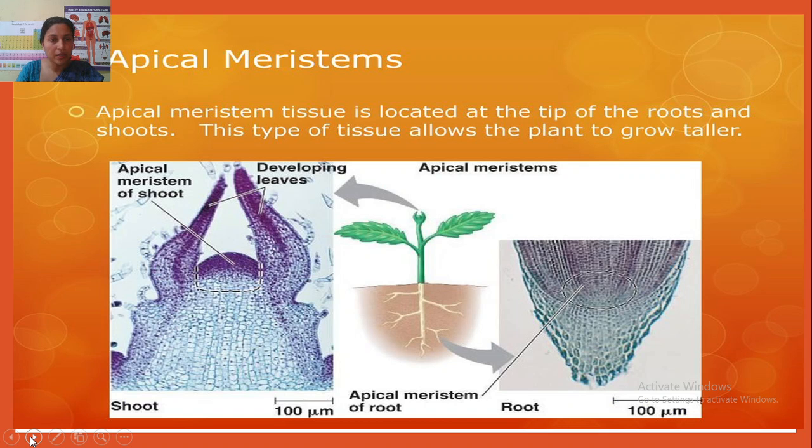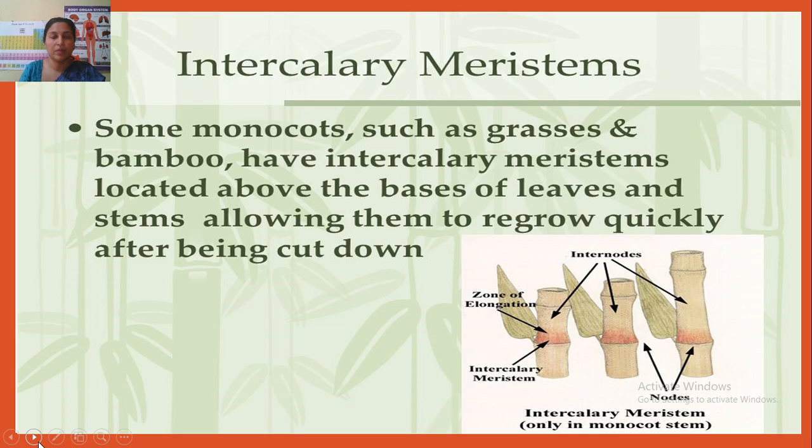Here you can see what the shoot apex and the root apex look like. In there you can see these apical meristematic cells. They are actively dividing, so the growth in height is because of the action of these apical meristematic cells.